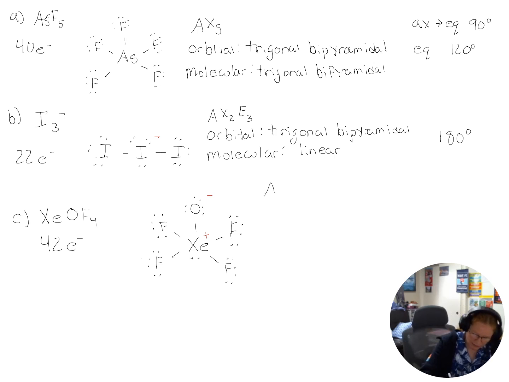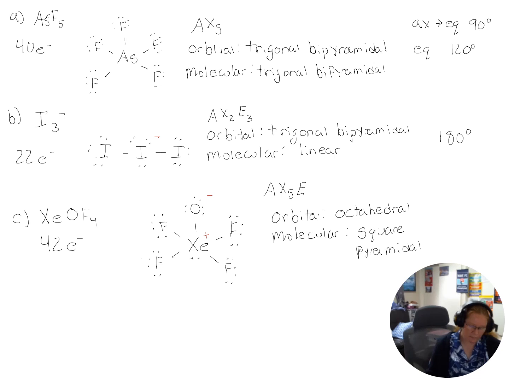So we've got our central atom. I have 5 surrounding atoms and 1 lone pair. So what's 5 plus 1? 6. So that means our orbital geometry is octahedral, and our molecular geometry is square pyramidal. And our bond angles here are 90 degrees.